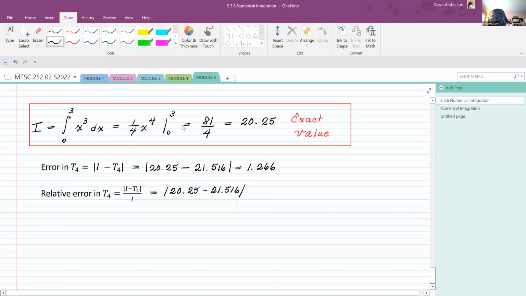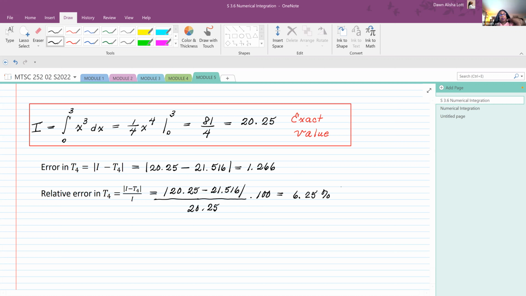The absolute value of that divided by the true value, which is 20.25, times 100. And this is 6.25%, almost twice as big. Okay, so the error in the trapezoidal rule is basically almost twice as big as the error in the midpoint rule.